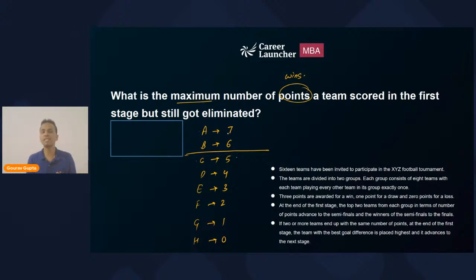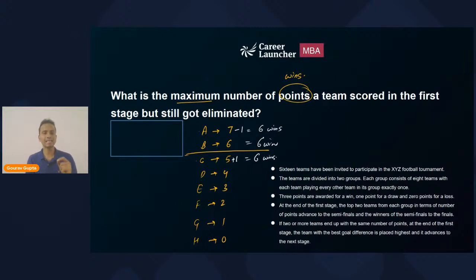So the match between A and C is won by C. One win will be removed from A and added to C. So now A has 6 wins, B has 6 wins, and C also has 6 wins.